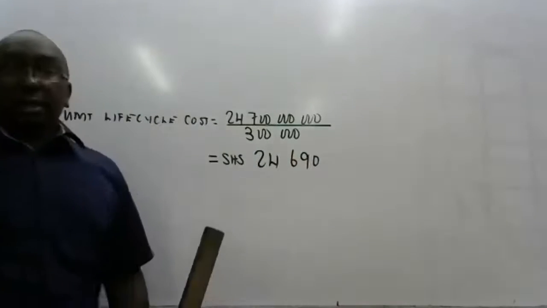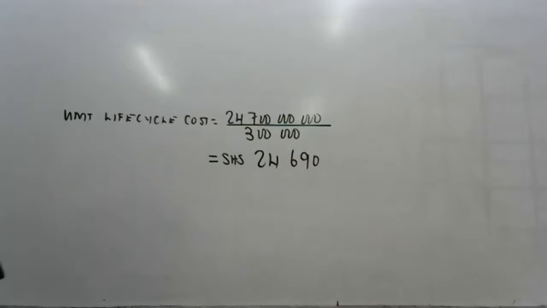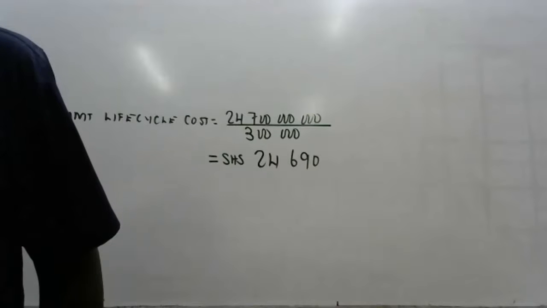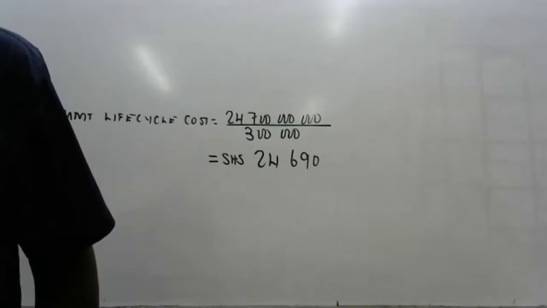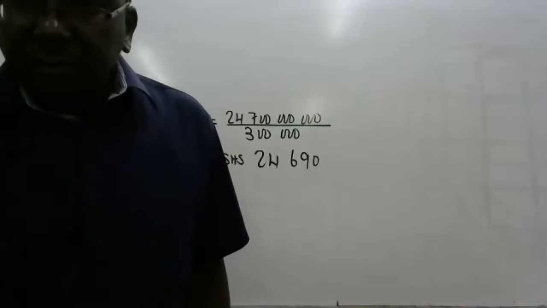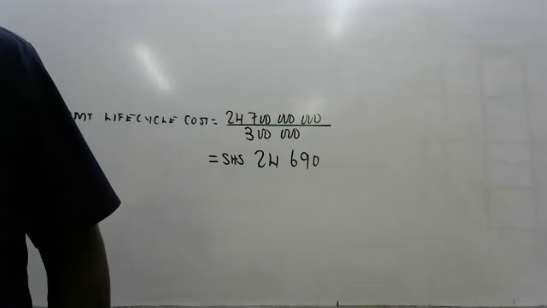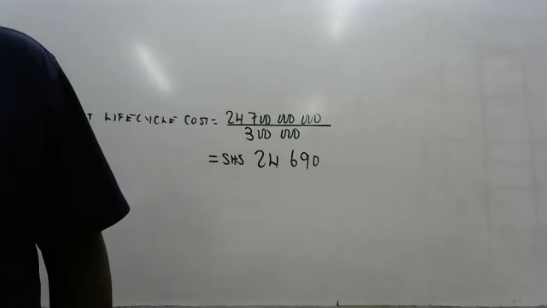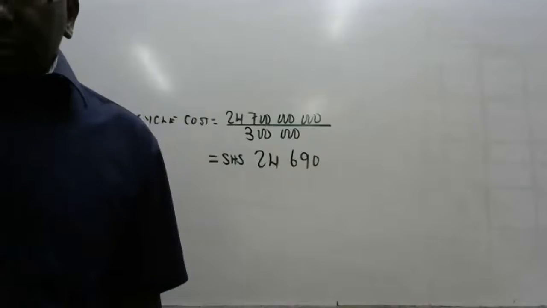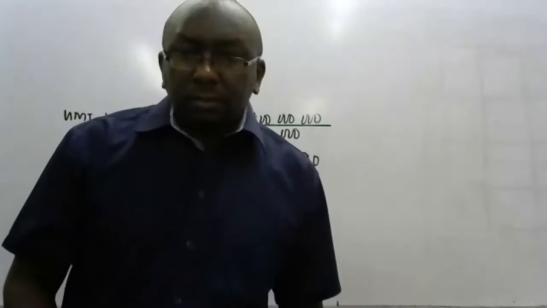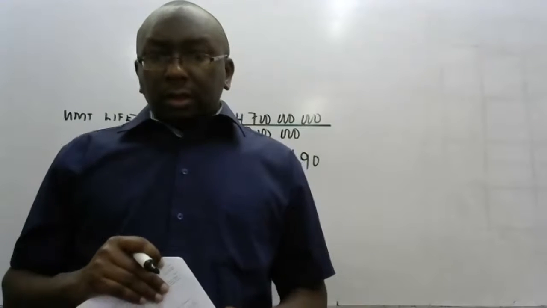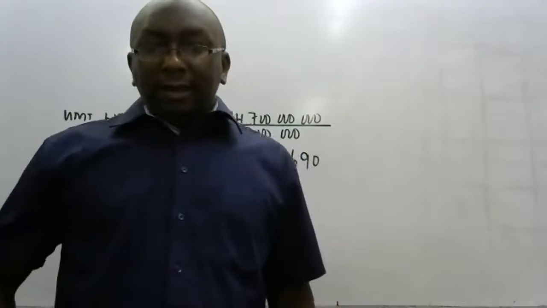24,690. Good. 24,000. Which is which now?